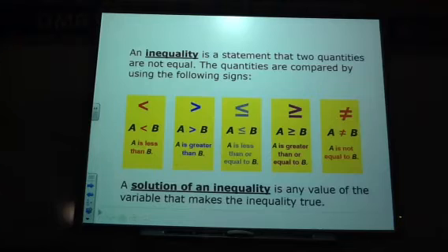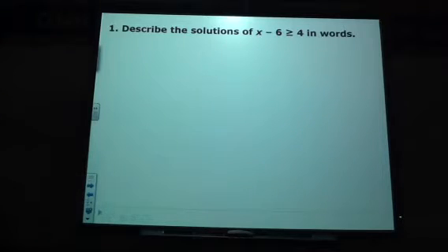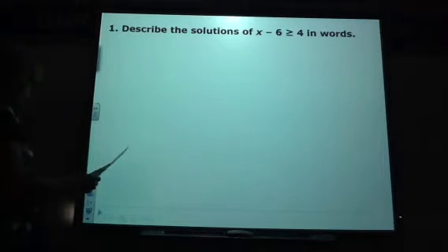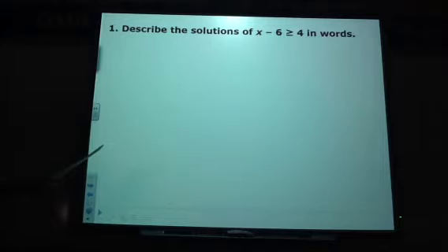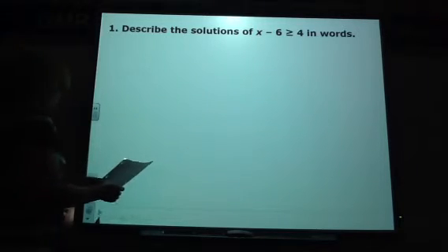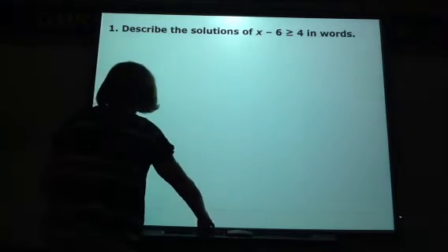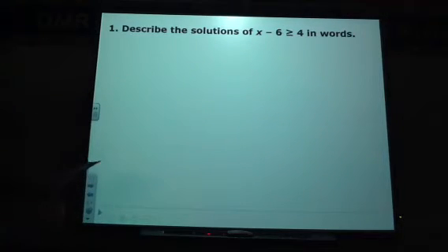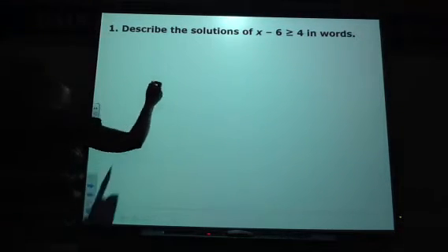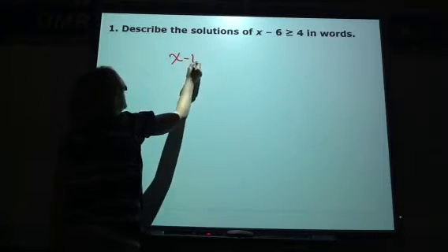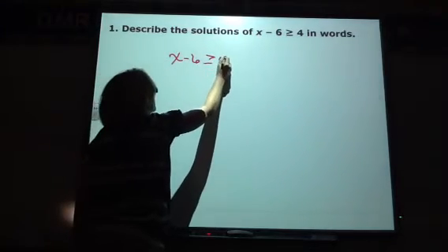A solution of an inequality is any value of the variable that makes the inequality true. Describe the solution of x minus 6 is greater than or equal to 4.